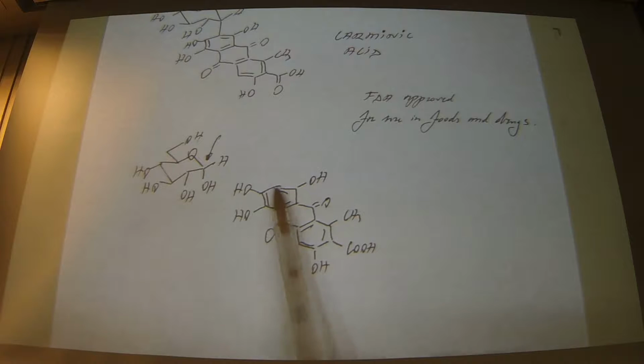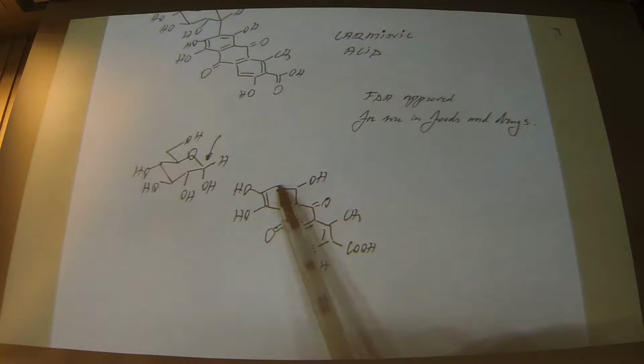So there's only one position right there that's open. All the others are substituted, right? So if anything happens, it happens right here. Notice that this ring has carboxylic acid deactivating, deactivating, one activating, and one slightly activating. So the two rings, this is the one where the action is going to take place, right there.